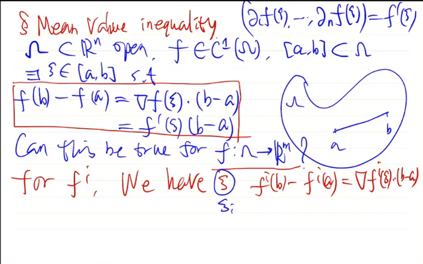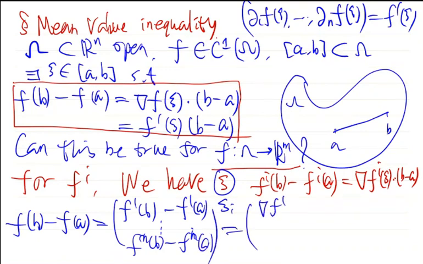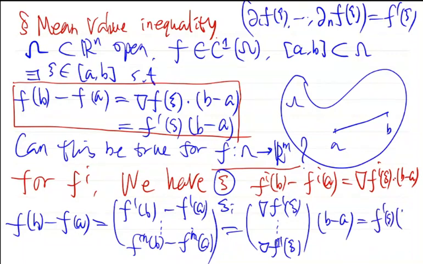If you can find a common c for every i, then f(b) minus f(a), which has components f1(b) minus f1(a) up to fn(b) minus fn(a), can be written as f prime c times (b minus a).